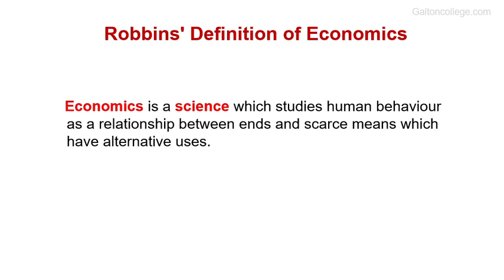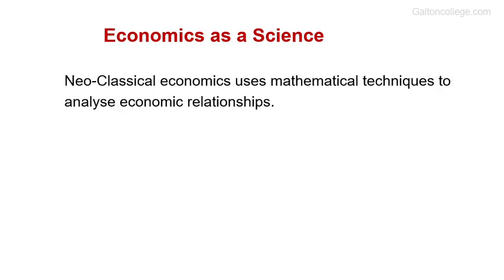So we'll start with economics as a science. Well, if you do mathematical economics, you'll realize there's a strong relationship with particularly microeconomics in the early stages. Economics and mathematics seem to go together. They don't have to. There are traditions in economics, for example, the Austrian tradition, where mathematics is frowned upon. They do not touch mathematics at all.